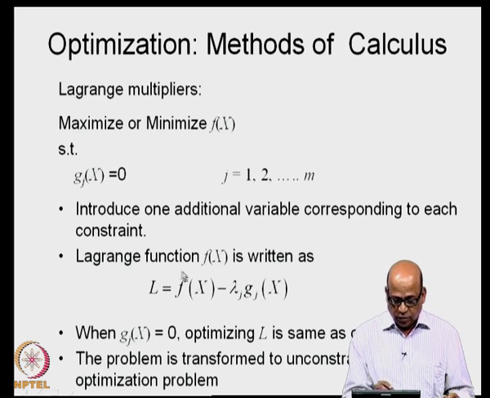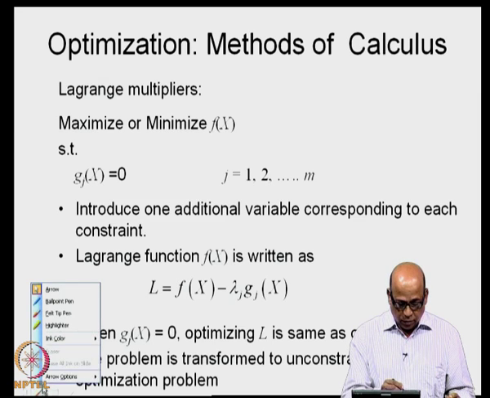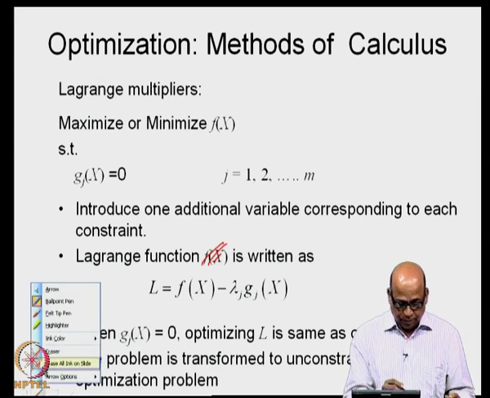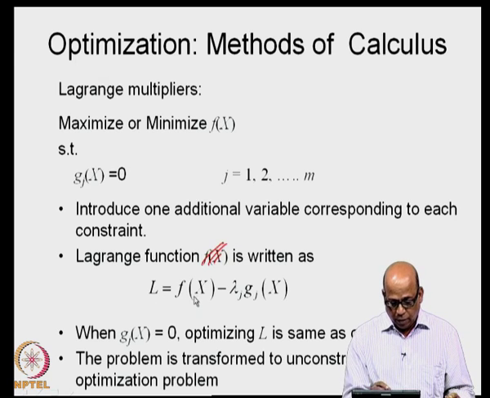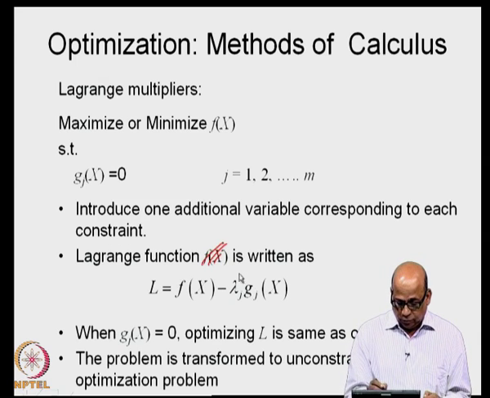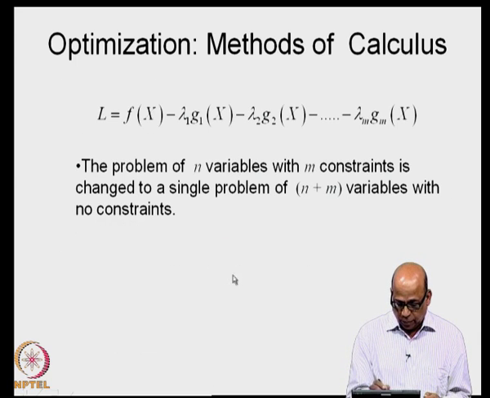And the Lagrange function L is written as L is equal to f of x, which is the original function, minus lambda j gj of x.